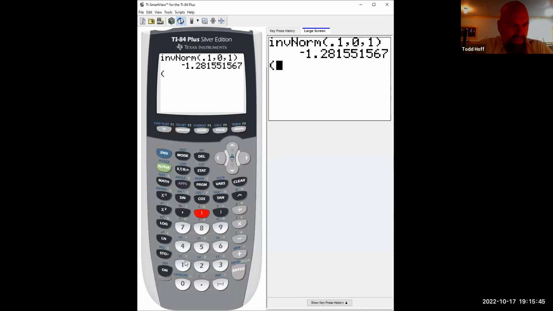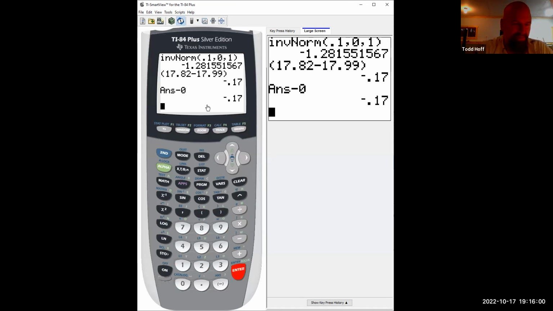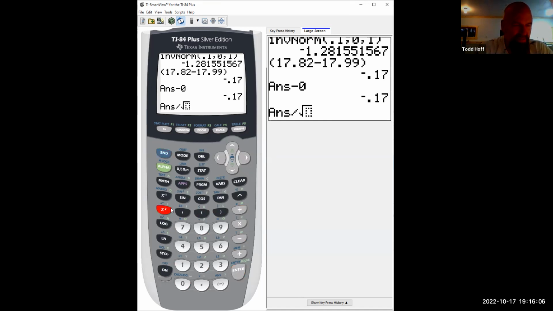So on top, we have 17.82 minus 17.99 minus 0, which gives us negative 0.17. Now we have to divide this by the square root of, now on the TI-84, we don't have to be all that careful entering this in. It works out fairly well.